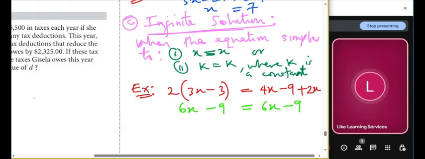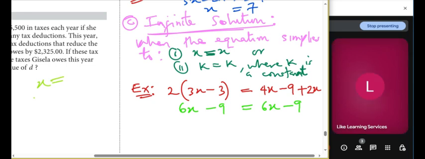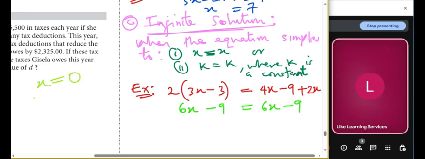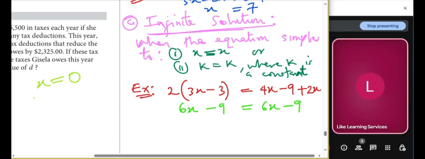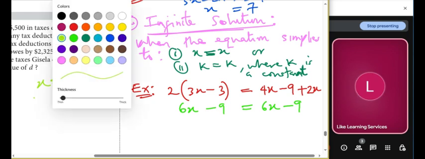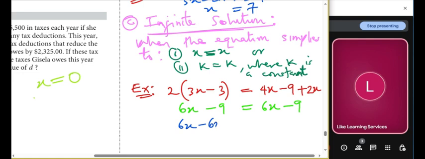I want to correct that, because when you get x equal to 0, it has a solution. The solution is 0. It doesn't have infinite solution. It's different from what you are saying, so that we can just draw a distinction. Let's solve this. This is 6x minus 6x, collected like terms, equal to minus 9 plus 9.